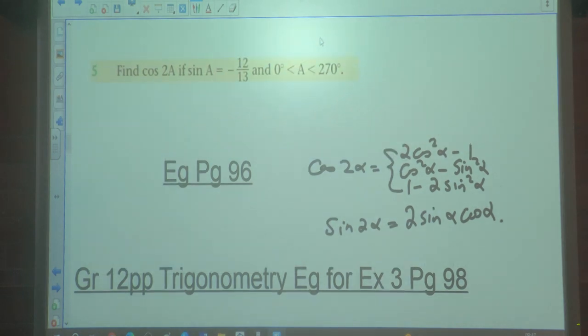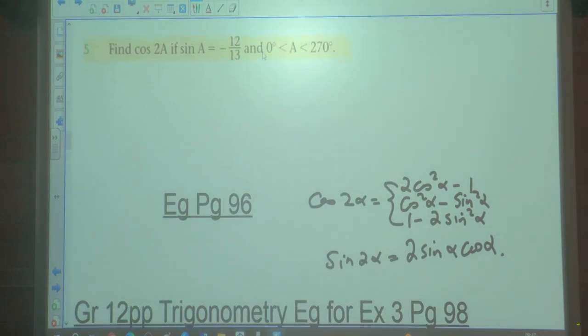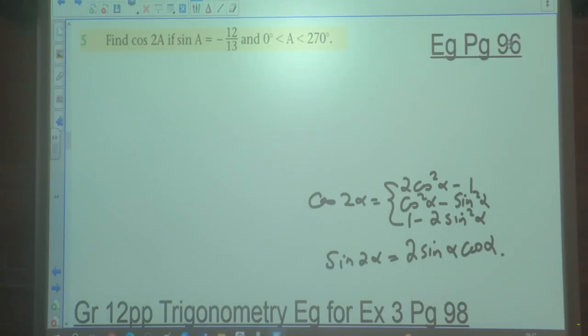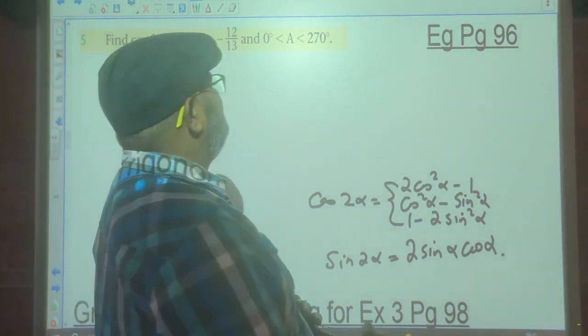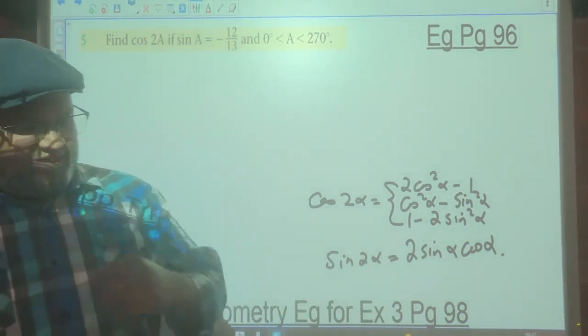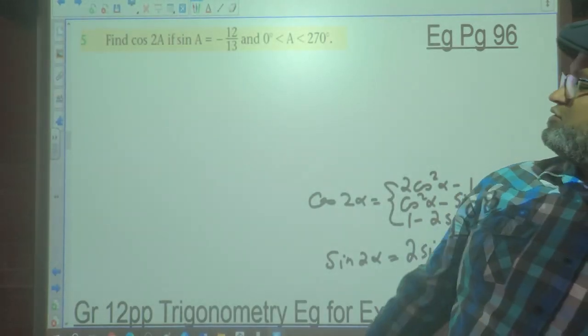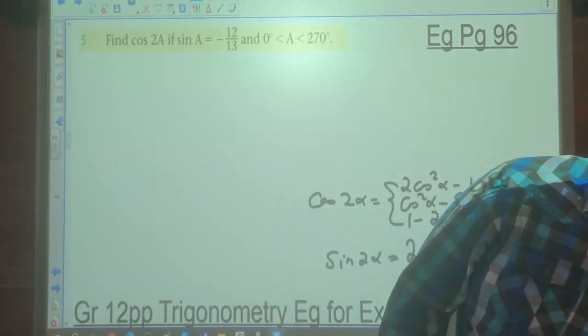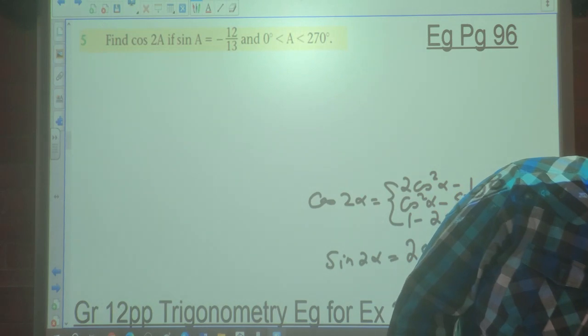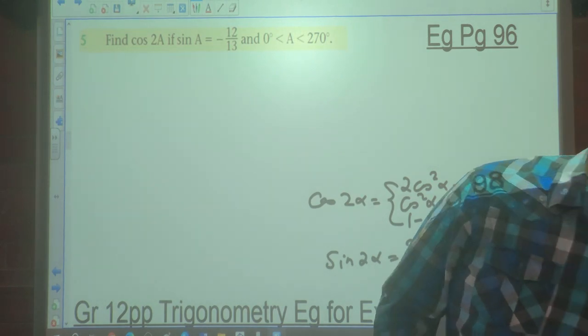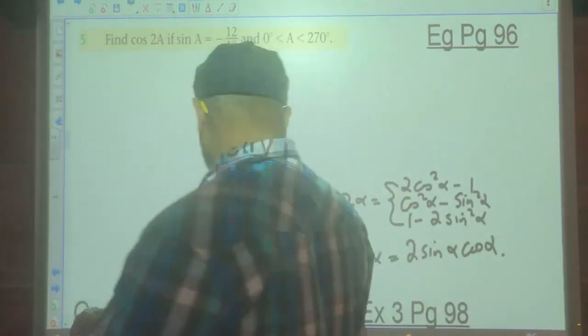Now in number 5 you are told, find cos of 2a if sine of a is equal to negative 12 over 13 and a is greater than 0 but less than 270. What does that mean to say?